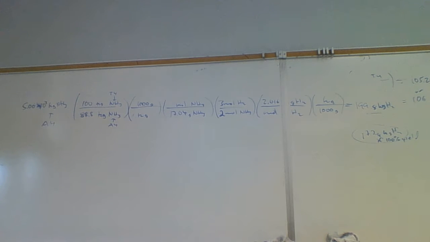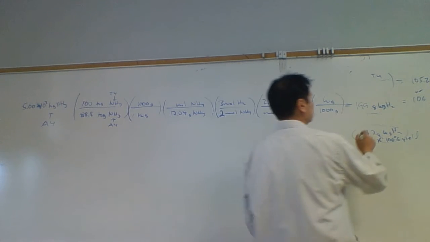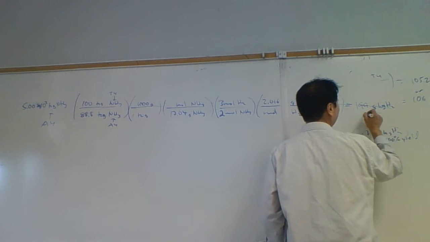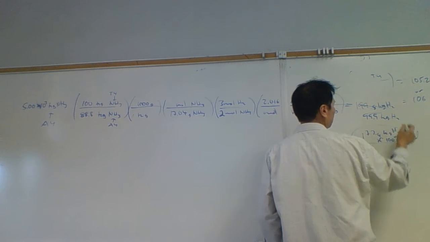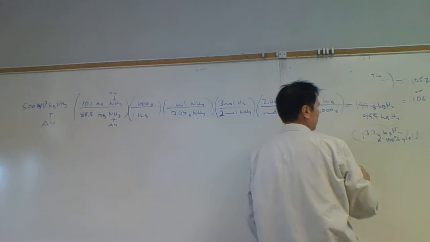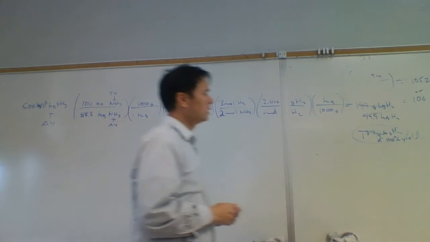So I have to divide my number by 2. 199.8 divided by 2 is 99.9. This comes out to 99.9 kilograms of nitrogen, or what they got, 100 kilograms.